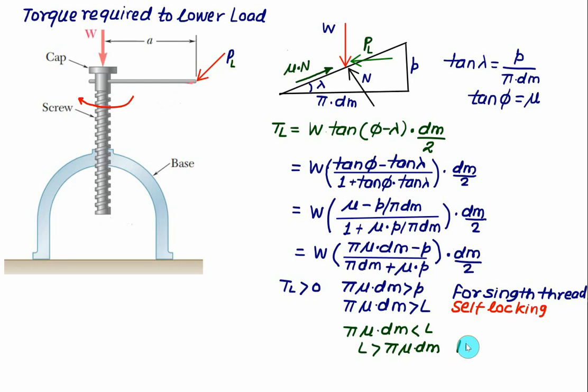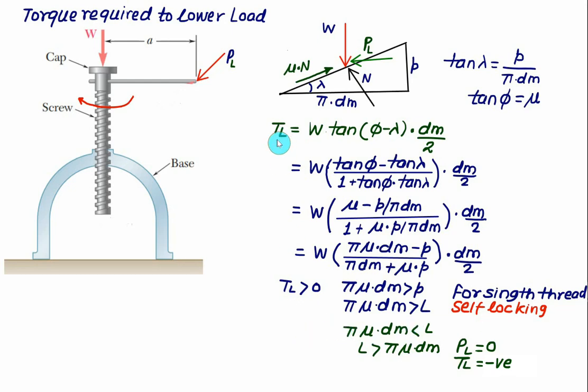So the value of PL will be equal to 0. And in that case, we'll get the value of TL will be negative value. So this may be possible in the case when we have very large lead. So you have to always use the lower value of lead in the case of screw jack, so that our value of TL is always positive value. So this one is the concept basically based on self-locking.